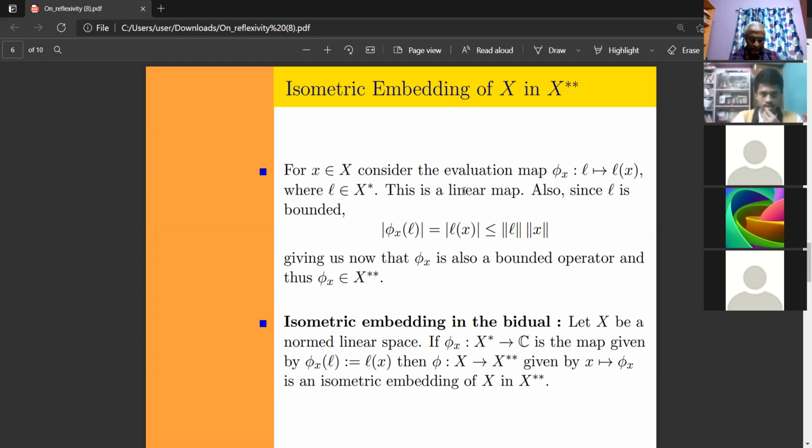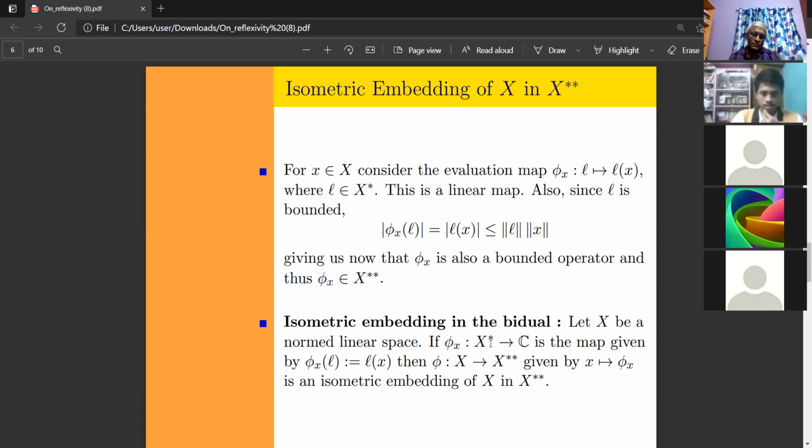This is a linear map, and since L is bounded, we have that the modulus of phi h of L, which is L of h, is less than or equal to the norm of L times the norm of h. Since this is true for any L, phi h is a bounded operator, and thus phi h belongs to H double star.